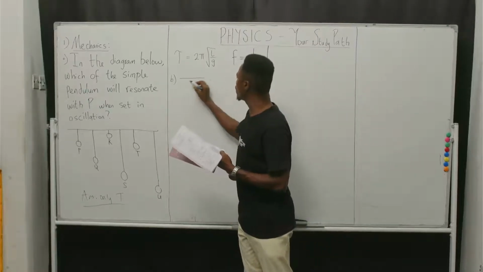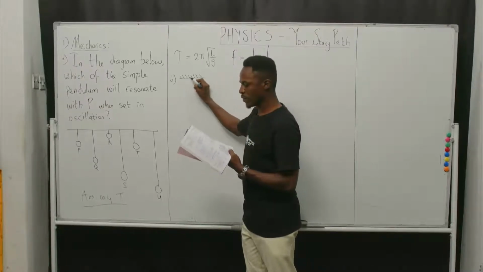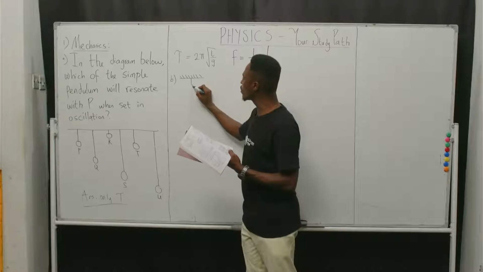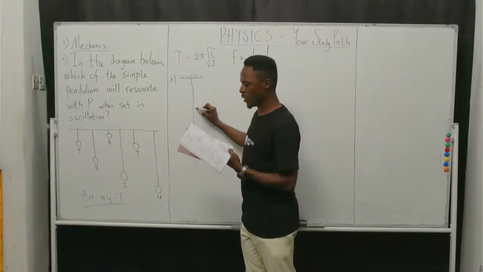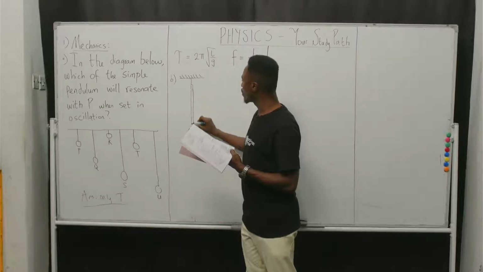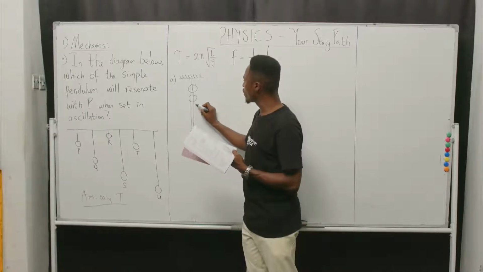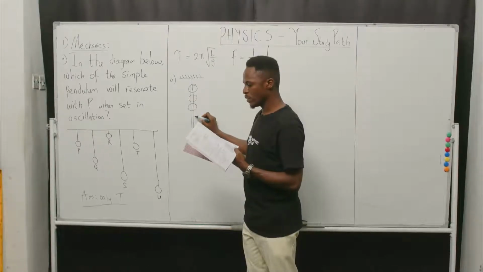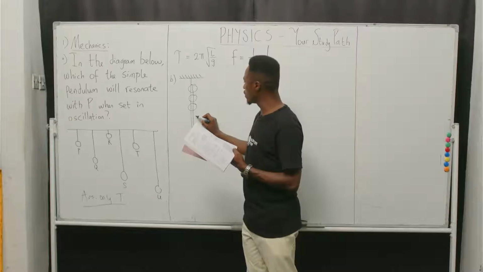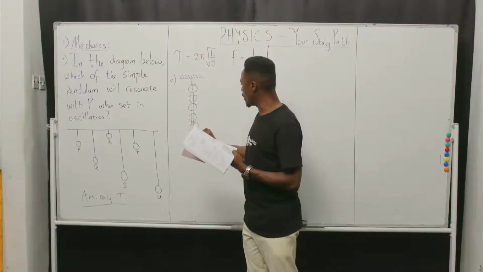We are going to be dealing with diagrams today. Here is the hook. Here are the extensions. So we have 1, 2, 3. Then we have 1, 2, then 3.